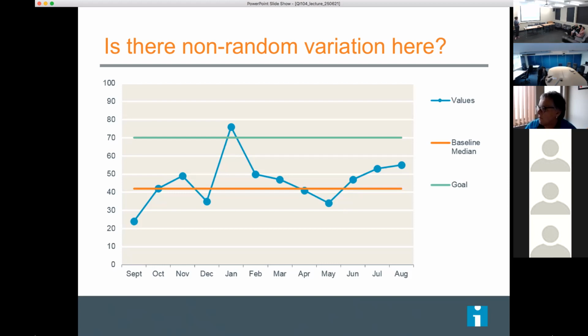So can we see any shifts or trends there? What was the definition for a trend? Increasing or decreasing. So if we click onto the next, have we got any trends there?